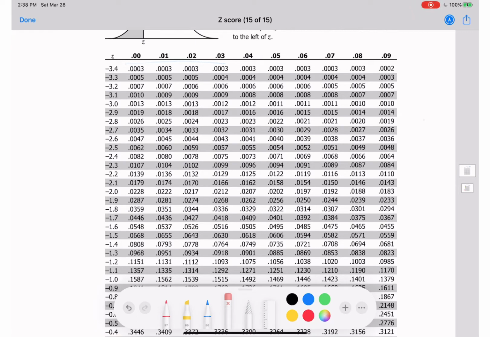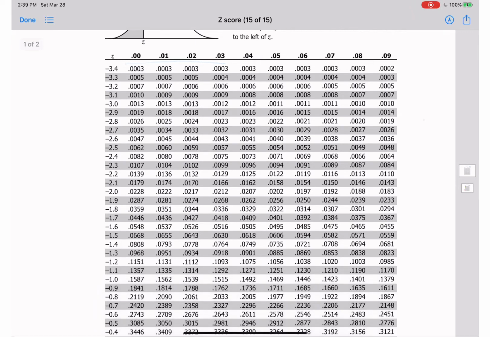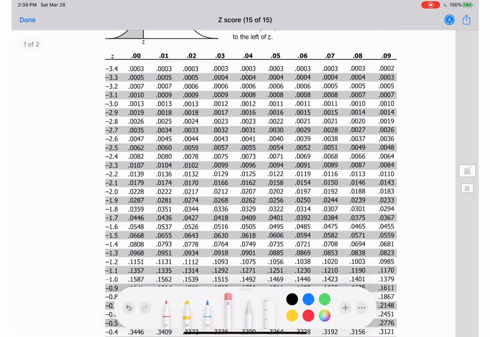For example, if I am given the probability of x for a z-score that we don't know, equal to 0.0023, let's find it.